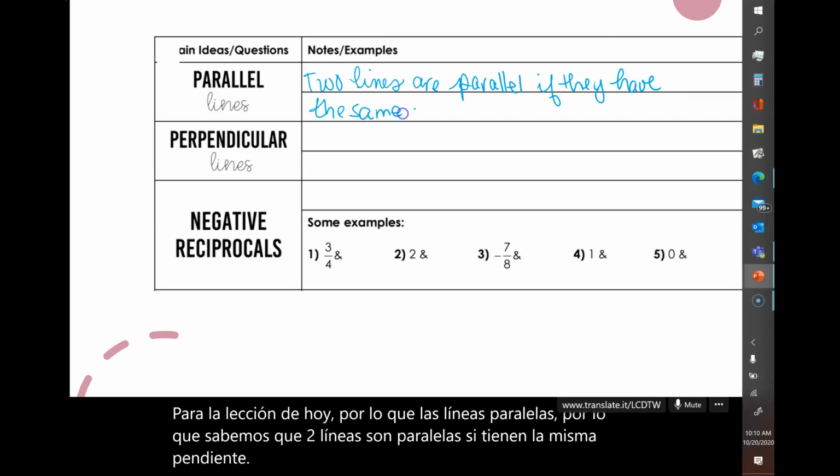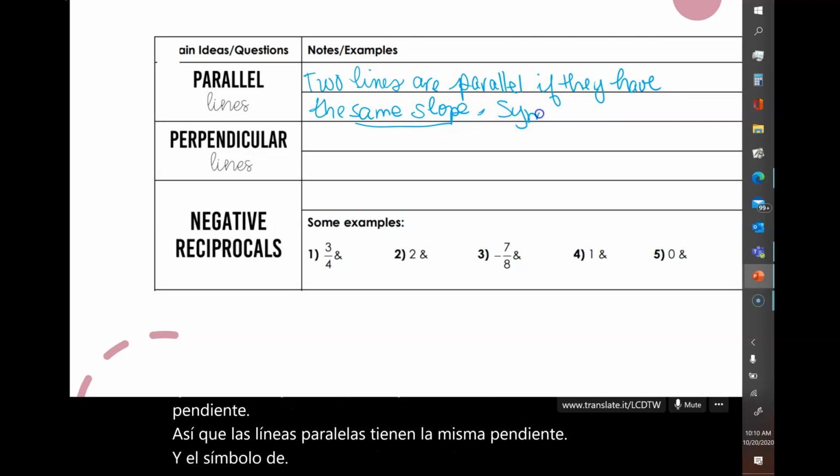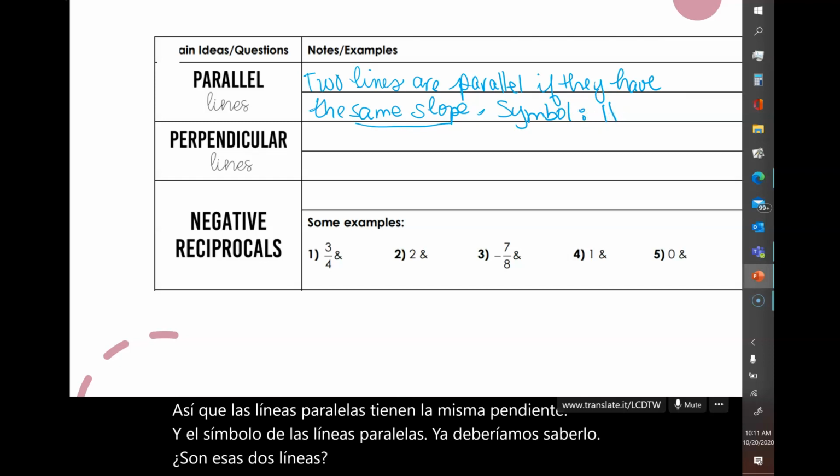So parallel lines have the same slope. And the symbol for parallel lines, we should know that one by now, is those two lines.